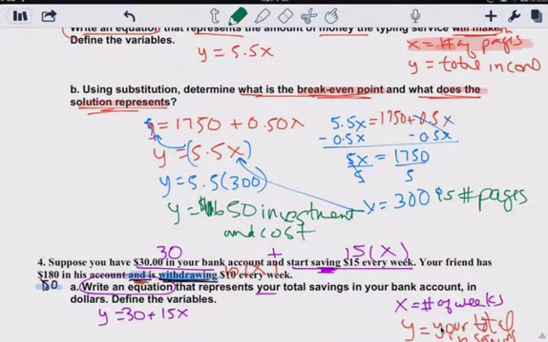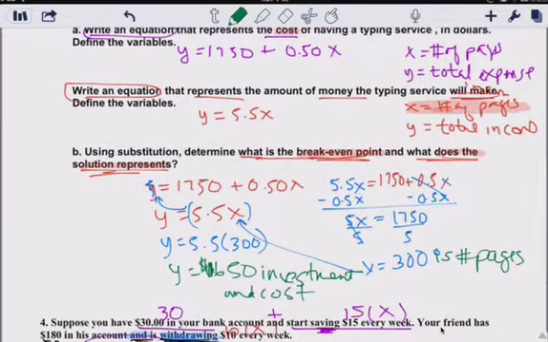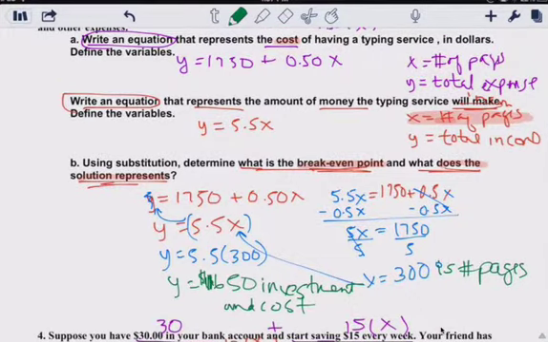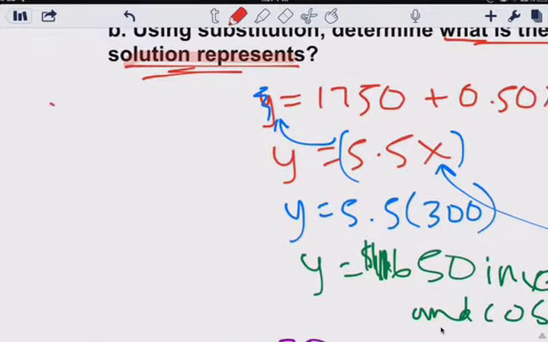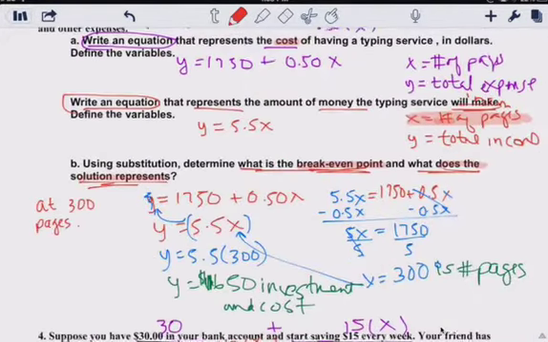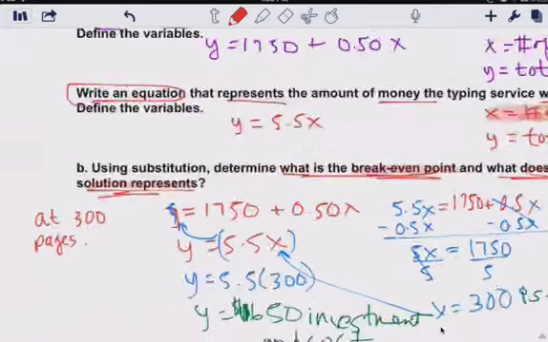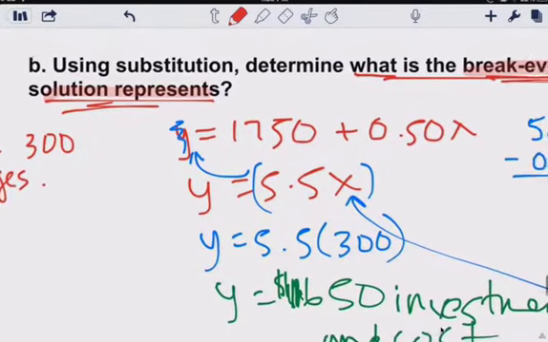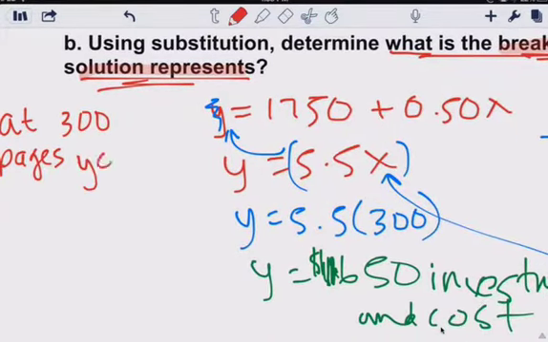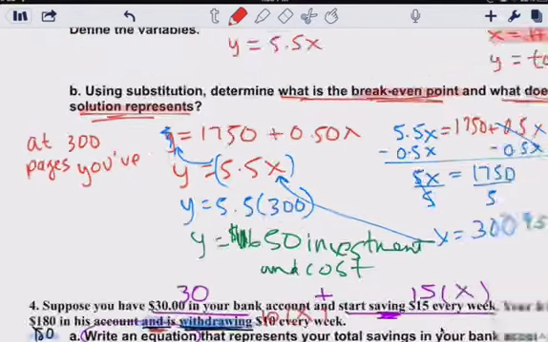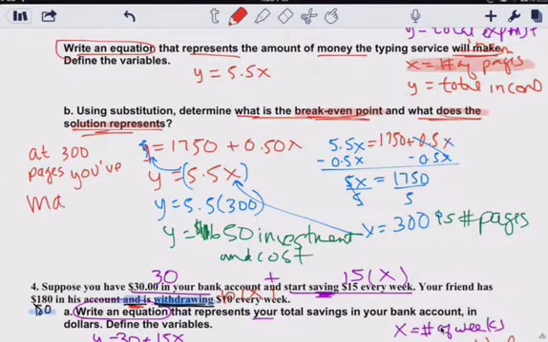So what does this solution represent? It represents that at 350 pages, you've made $1925.